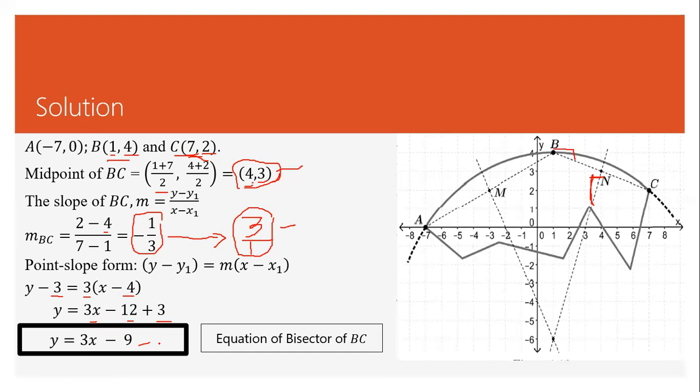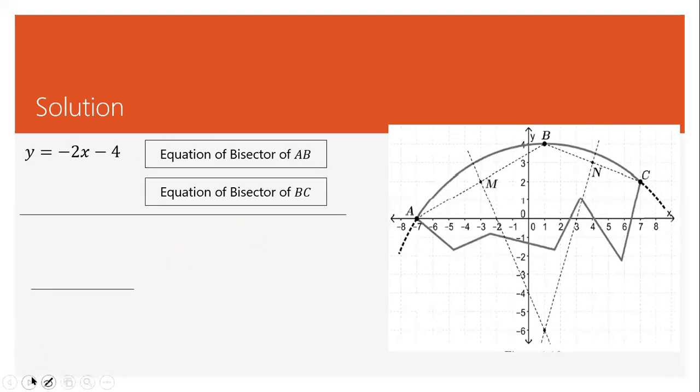Since we have the equation of the bisectors already, we can get the point of intersection nila. Their point of intersection is at the center of the circle. So we will use system of equation to determine the center of the circle or their point of intersection.